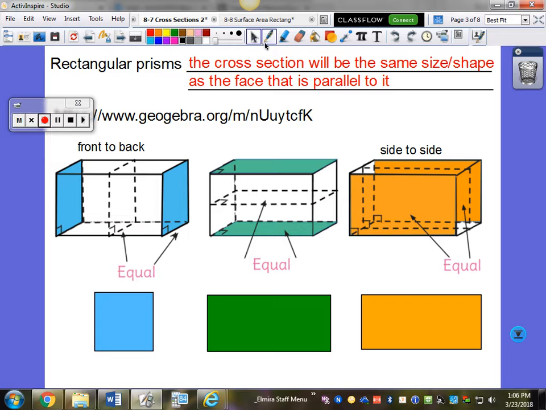So let's say in my first diagram I've got a vertical slice from front to back, and we need to write that down. That means that if I had my saw, I'd start cutting here in the front and move toward the back, and vertical means down, so I'd be moving down. So my slice would be this part in the middle.